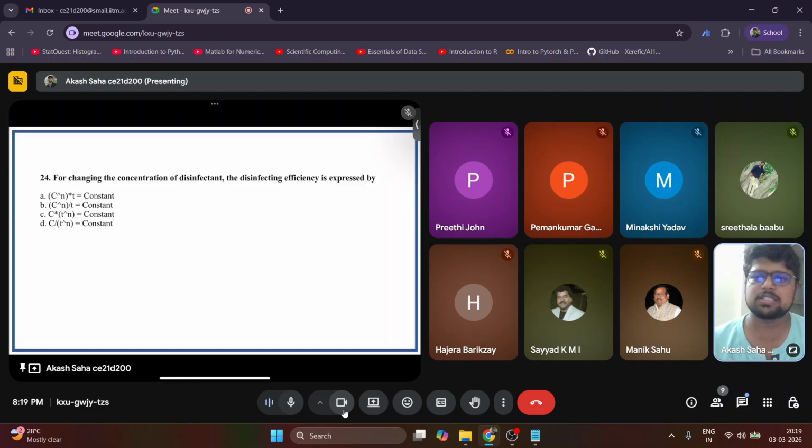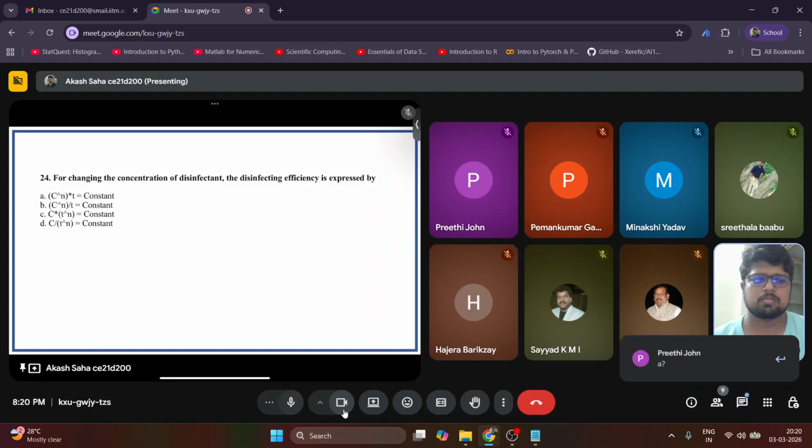What is the relation between them? And it is always a constant. So is it multiply or divide or to the power of t or to the power of what? So A is the correct answer.